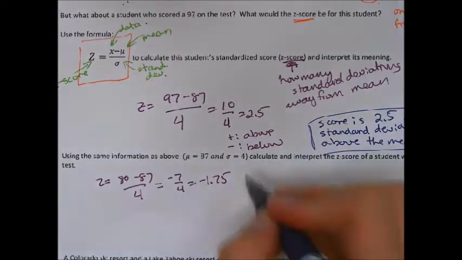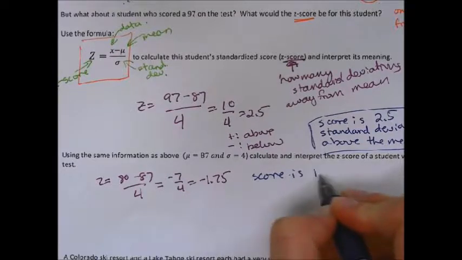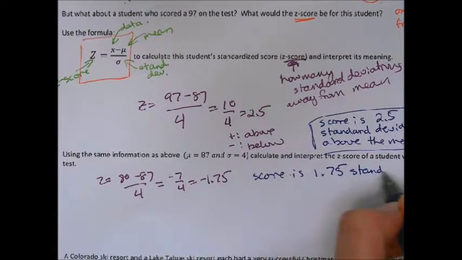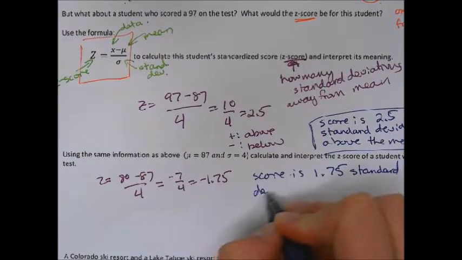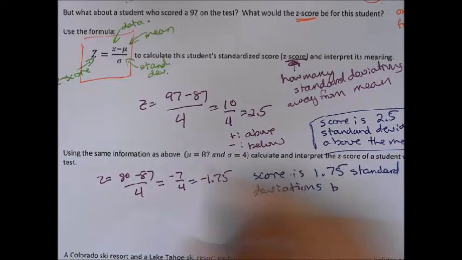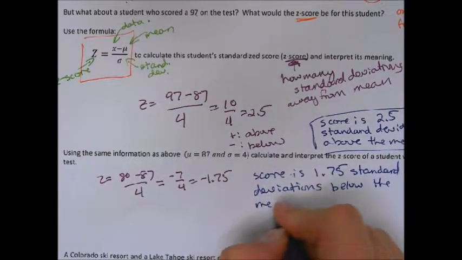I got negative 1.75. The score is 1.75 standard deviations below, because we're negative, the mean.